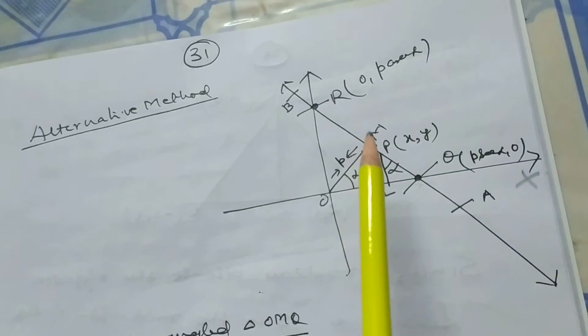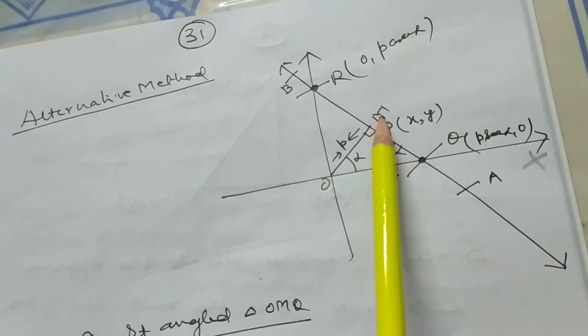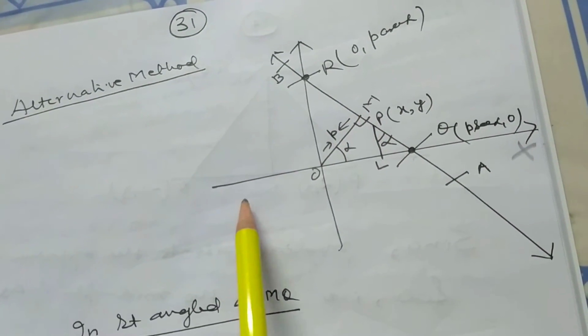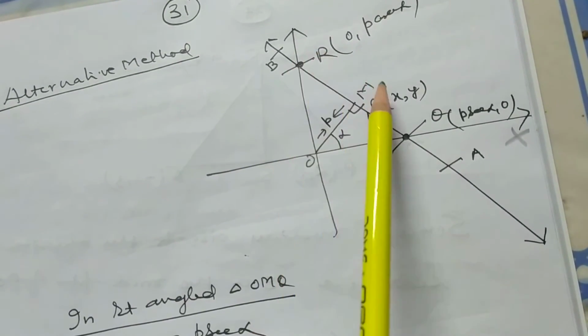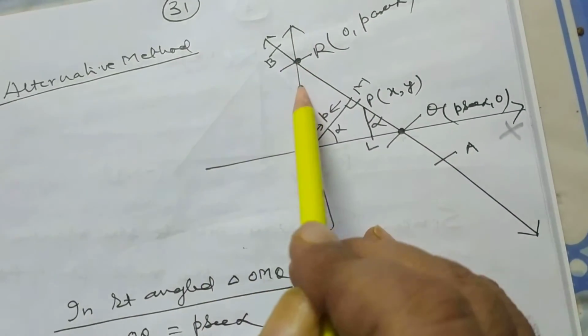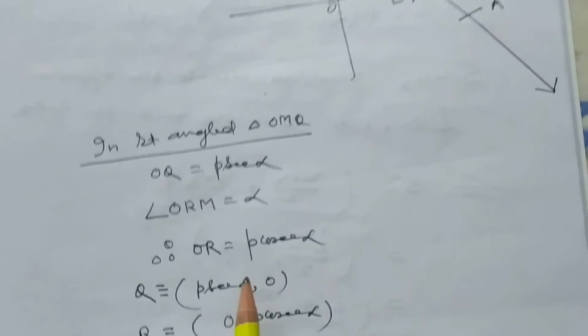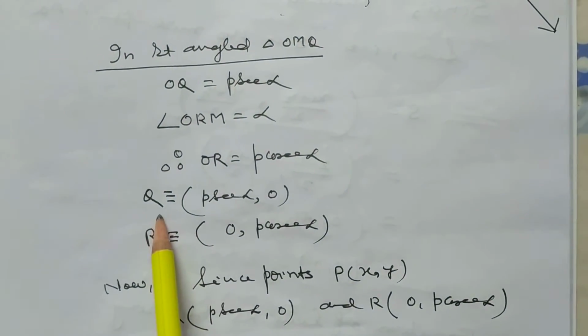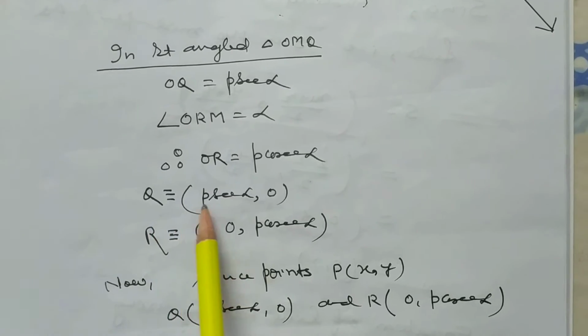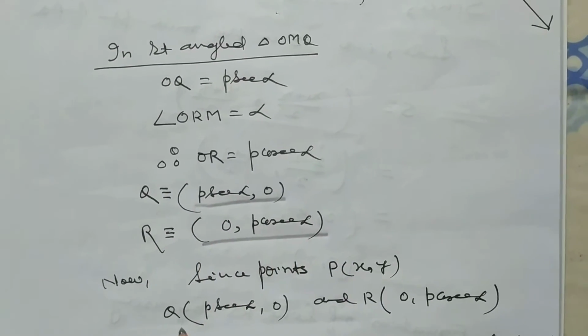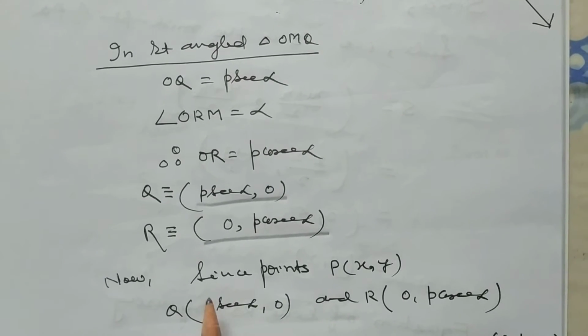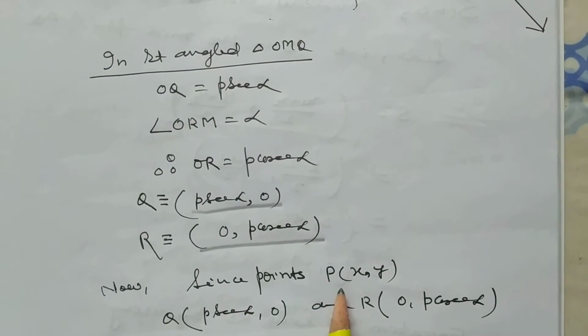My dear students, this angle MOR is equal to 90 minus alpha, angle OMR is equal to 90, so angle ORM is equal to alpha. So the coordinate of Q is equal to (P sec alpha, 0) and coordinate of R is equal to (0, P cosec alpha).